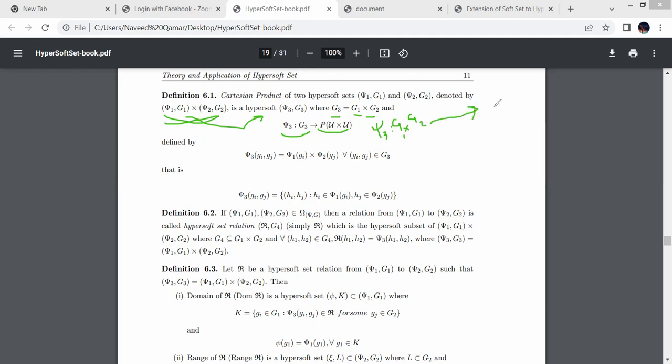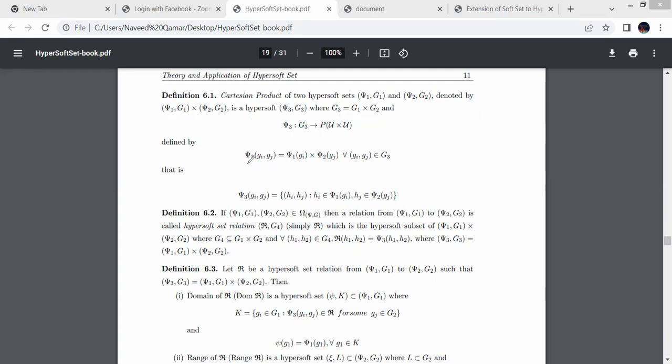From G1 to G2, P of U1 universal set 1, universal set 2, universal set Cartesian product. Means to say G1 cross G2 on U1 cross U2 power set. So further, this is the definition. Then we will discuss with the help of an example. Here what type of element will be included? Because this is a Cartesian product, there are two kinds of elements. The first element is from G1 and the second element will be from G2.